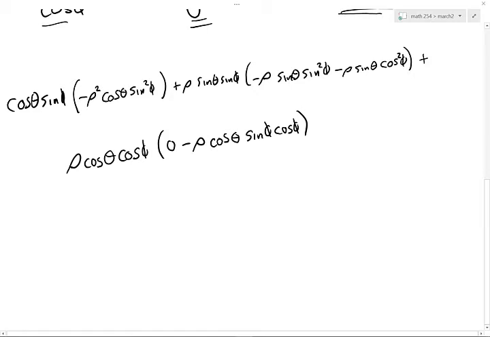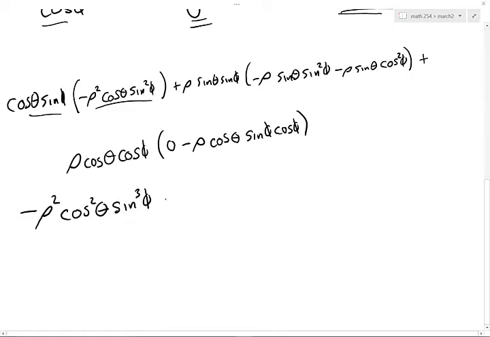It's not as bad as it looks. I swear. So let's distribute. Take this times this. So you're going to get negative rho squared cosine squared theta sine cubed phi plus, actually it's going to be minus.